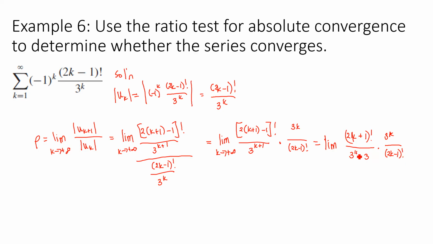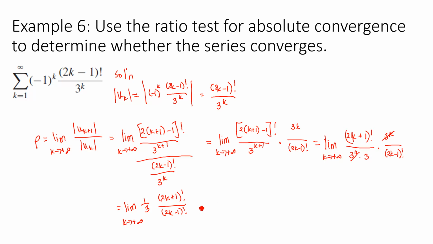So we can divide out the 3 raised to k, as k approaches positive infinity. Here you have the limit of 1/3 multiplied by 2k plus 1 factorial over the quantity 2k minus 1 factorial as k approaches positive infinity.